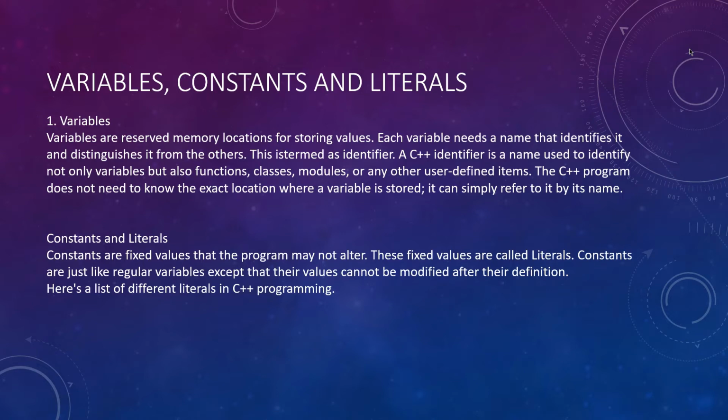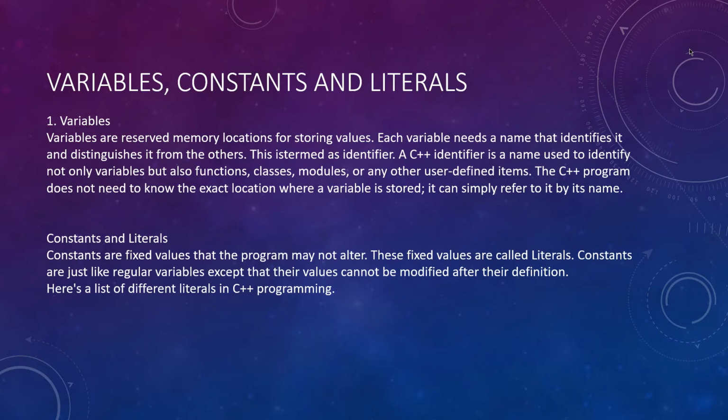A C++ identifier is a name used to identify not only variables but also functions, classes, modules, or any other user-defined items. The C++ program does not need to know the exact location where a variable is stored. It can simply refer to it by its name.